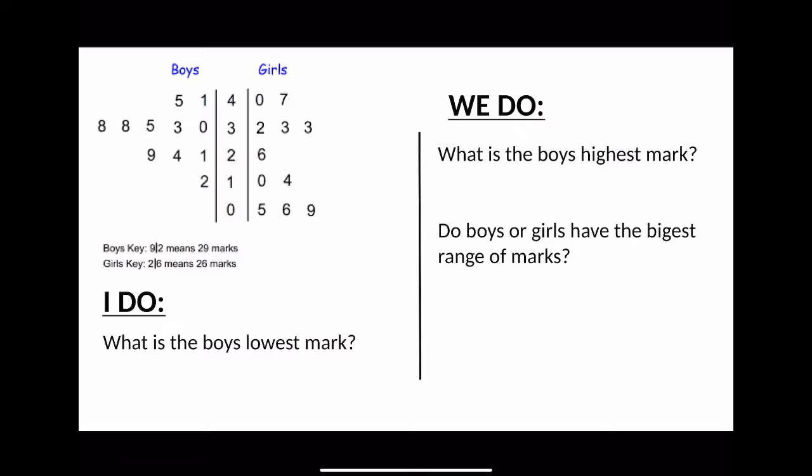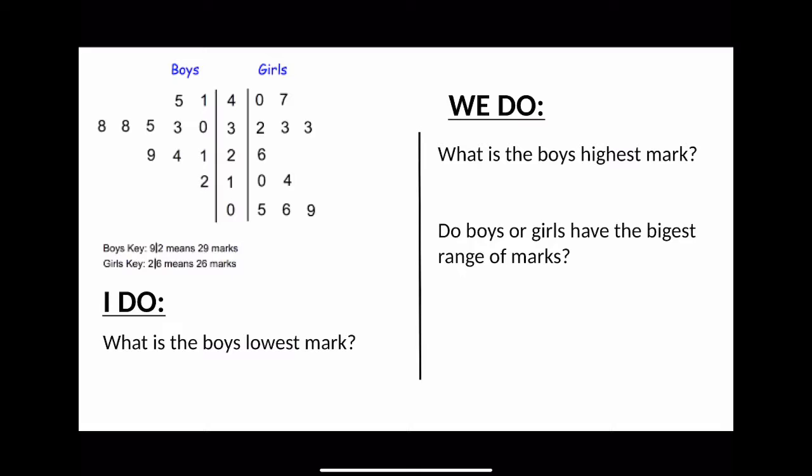So you say the first digit coming from that centre stem. For the girls, you're going to have to read from left to right, but from the boys' situation, you're going to have to read the centre number first and then read to the left.